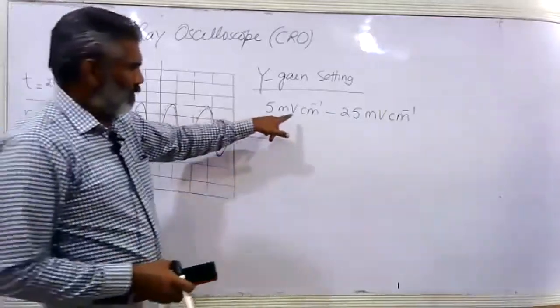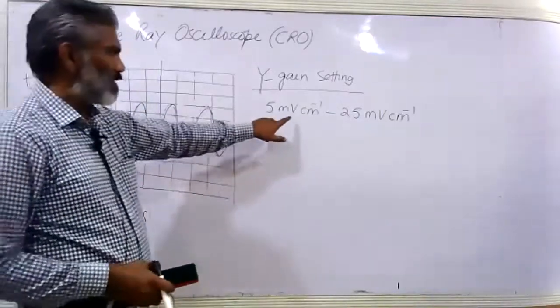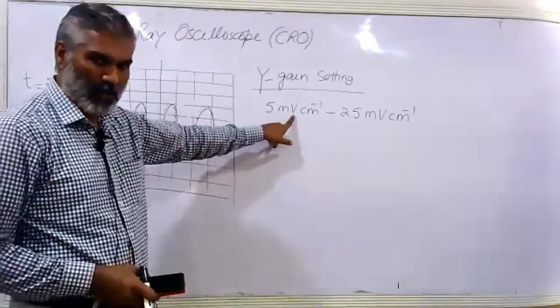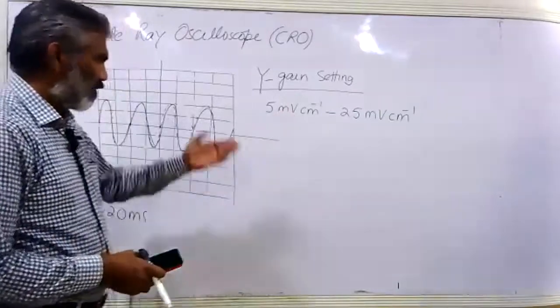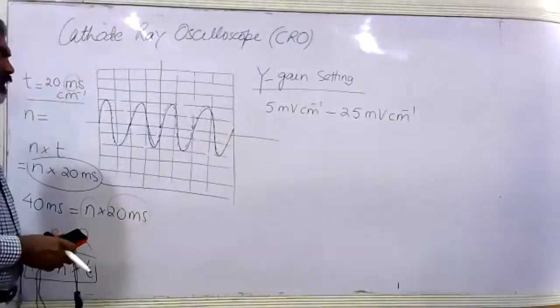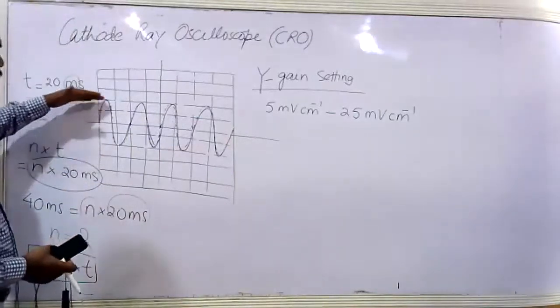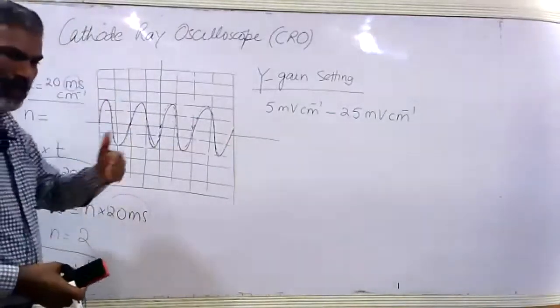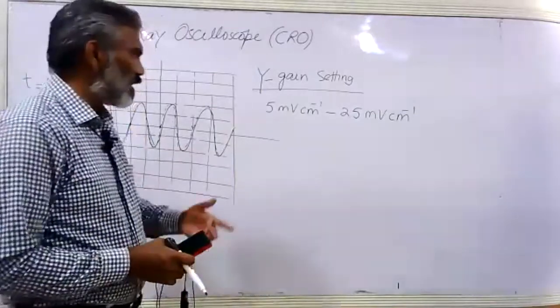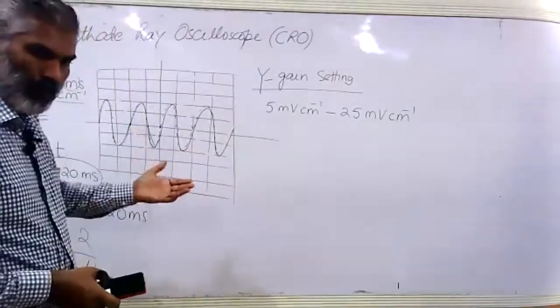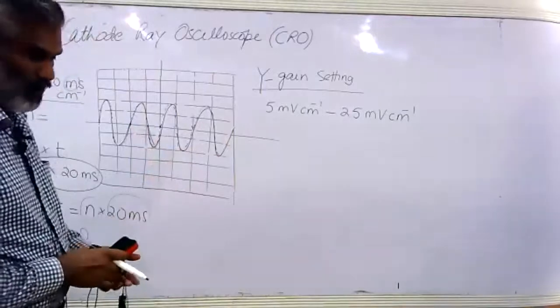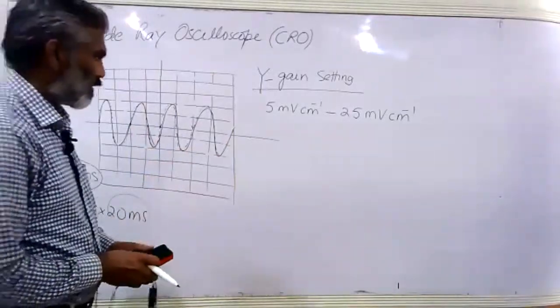Clearly, this height is expressed in terms of voltages now, and that is why we have millivolt per centimeter. That means the higher the peak of this, the larger the voltage, the larger the strength of that voltage signal associated with that trace.